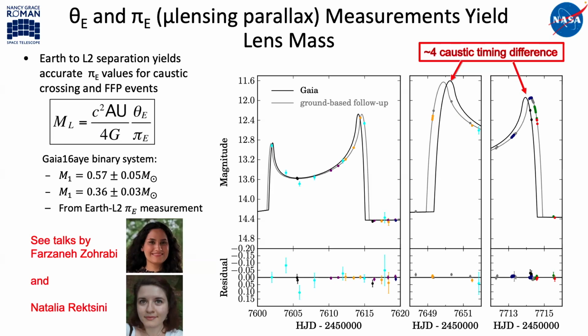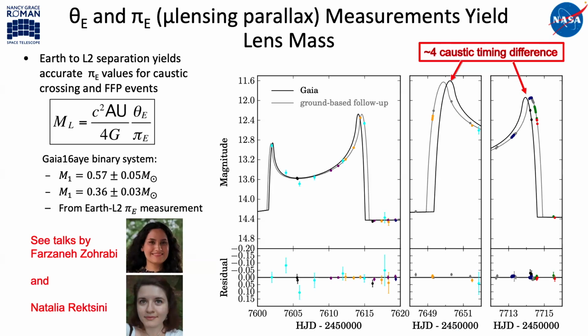Since Roman is going to be observing mostly when the separation from the Earth is perpendicular to the line of sight, this gives us a reasonable baseline between Roman and telescopes in the vicinity of the Earth, with a separation from Roman of about 1% of an AU.